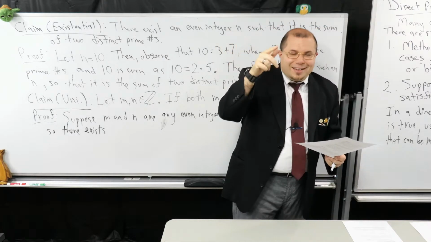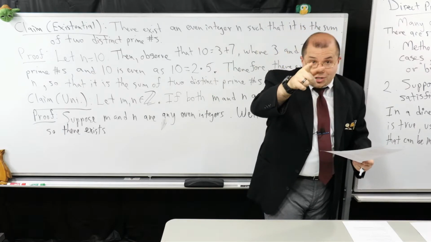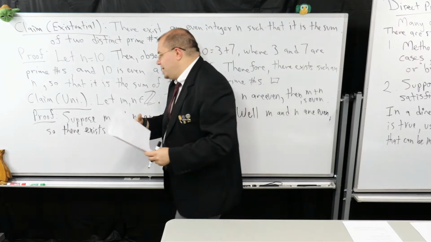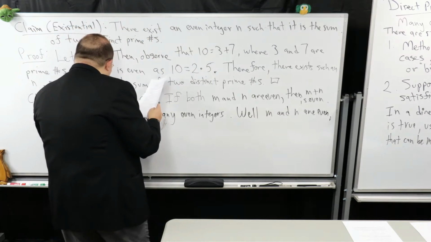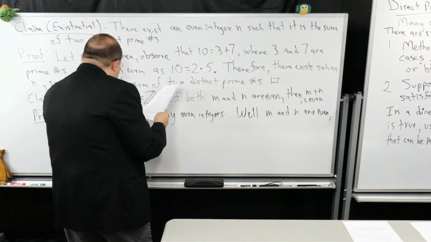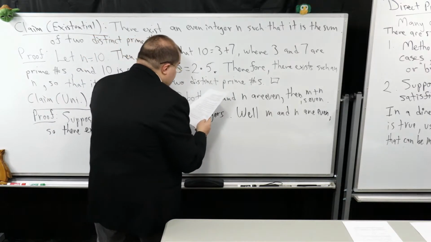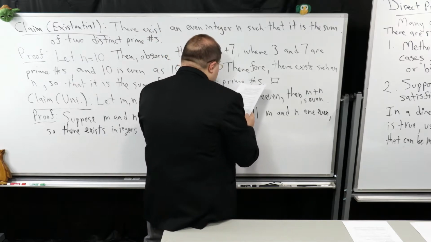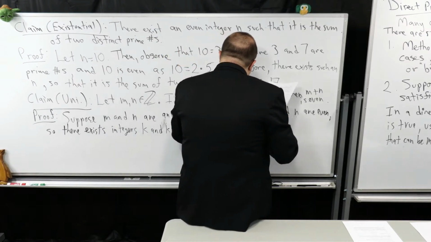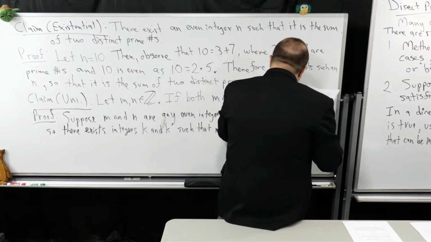So that means that other integer has to exist, right? So I'm going to give that integer a name, the one that multiplied by 2. So there exists integers k and k prime such that m is equal to 2 times k and n is equal to 2 times k prime.